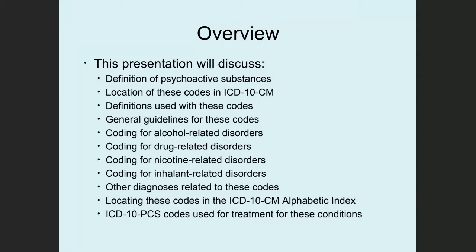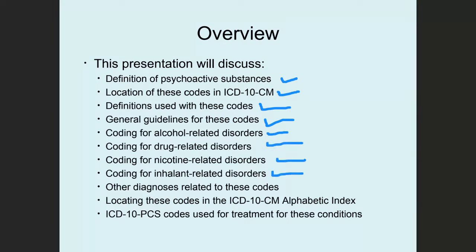Okay, so this is an overview of this presentation. Each of these will be discussed in detail. What are psychoactive substances? Where do you find these codes? What are some basic definitions used with these codes? What are some general guidelines? How do you code for alcohol? How do you code for drug-related? How do you code for nicotine? How do you code for inhalant?